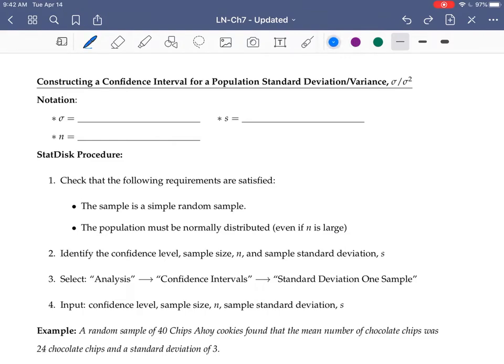Remember, sigma is a population standard deviation, and S is a sample standard deviation.